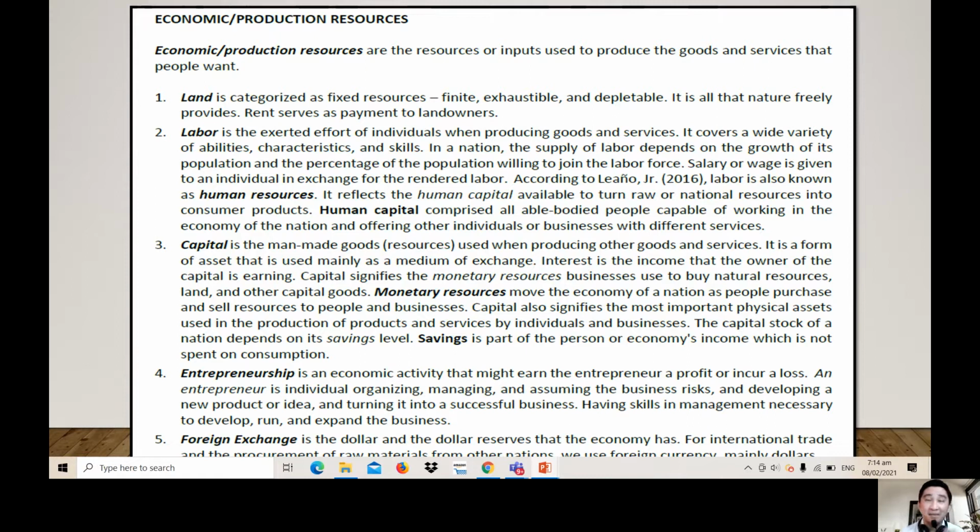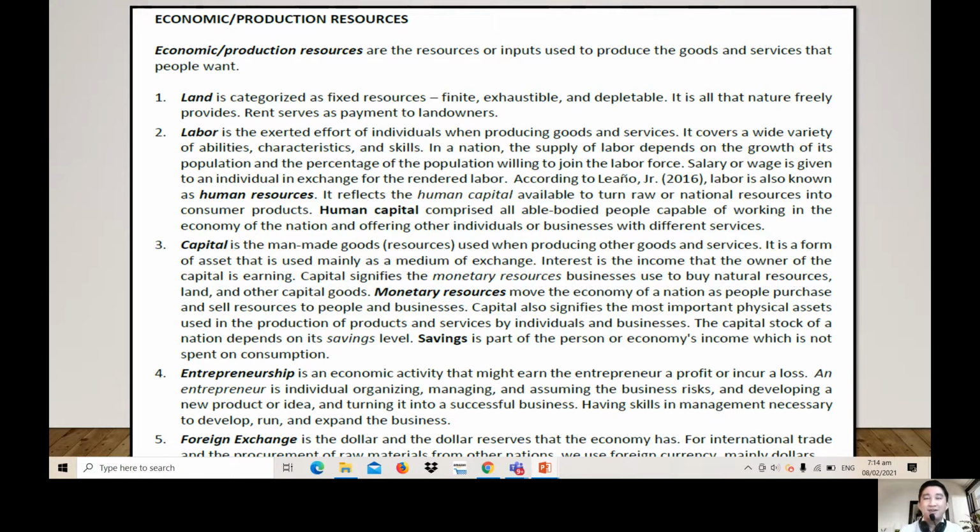Isa sa problema ng Pilipinas talaga is poverty. Ayan. Kasi kapag poverty ka, you are suffering poverty, ayan, or mahirap, minsan nakakagawa ng masama yung tao because they want to survive. Actually, the root talaga ng crime is poverty.